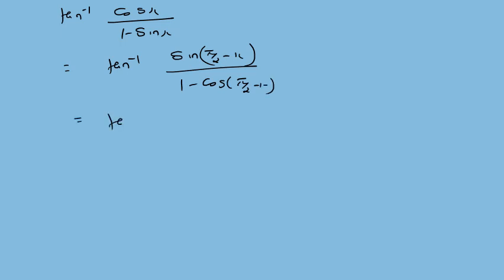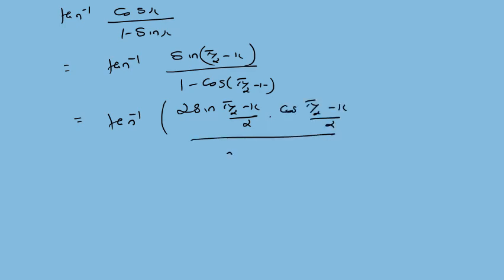That we can write as tan inverse of 2 sin((pi by 2 minus x) by 2) cos((pi by 2 minus x) by 2) divided by 2 sin squared((pi by 2 minus x) by 2).